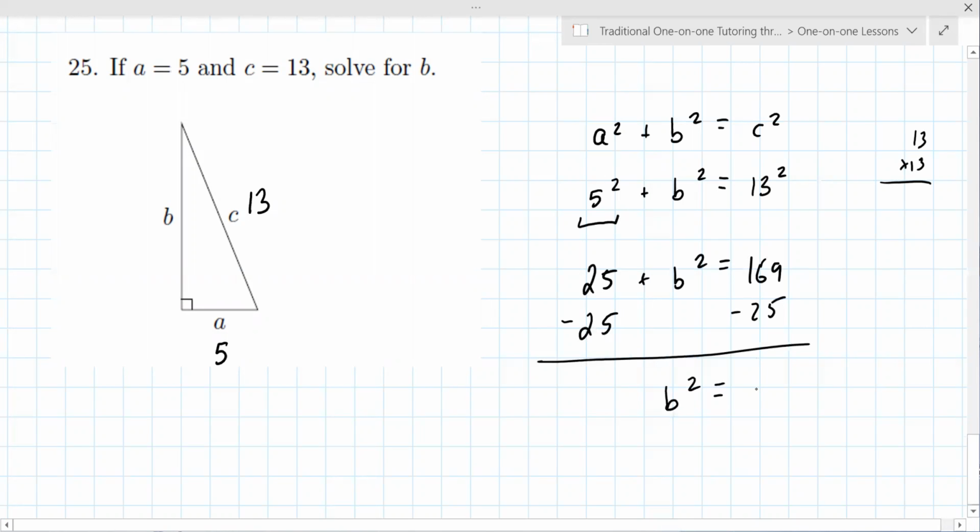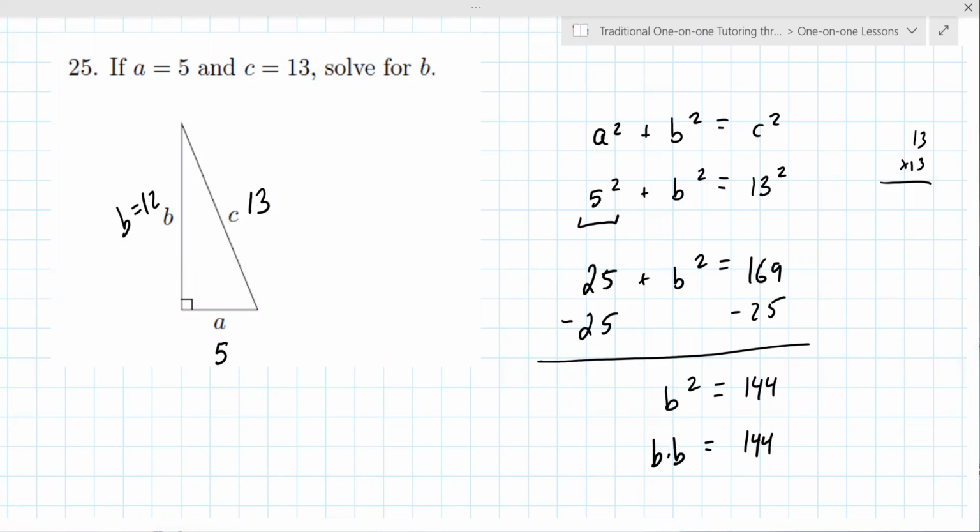So B squared equals 144. So the question again is what number times itself, like B times B, has to equal 144? 12. B is 12. Good. That's awesome. That's really good. It's very hard for students to understand what we're doing here, so I'm glad you're picking it up quickly.